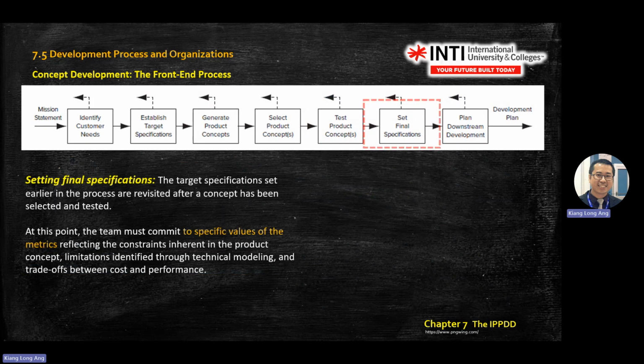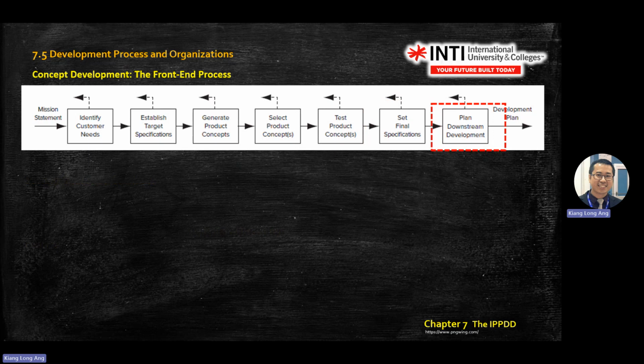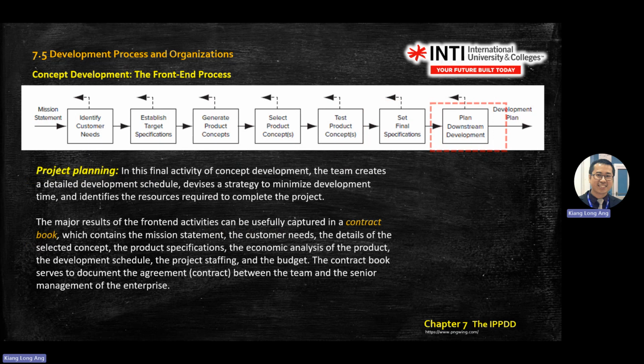Final specification is a specific value of the metrics. Okay. Then for downstream deployment, this one is usually captured in the contract. When they reach the end of the concept development, they will file a contract with all the shareholders. Okay.